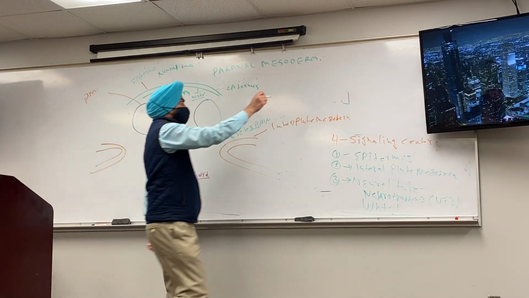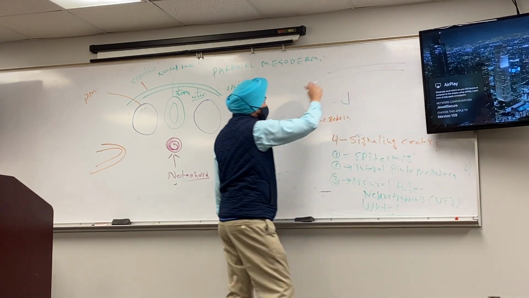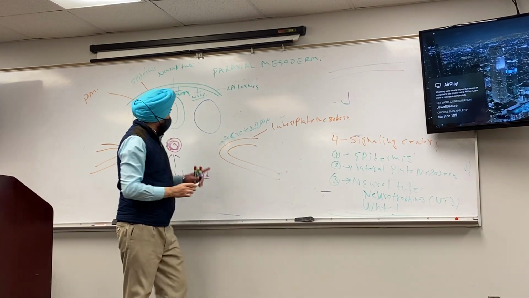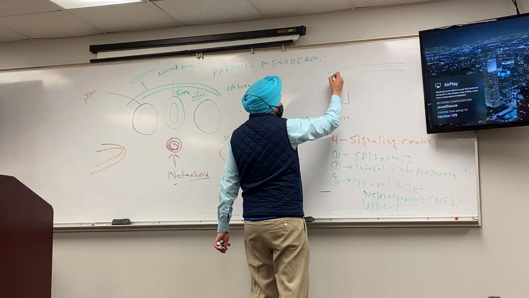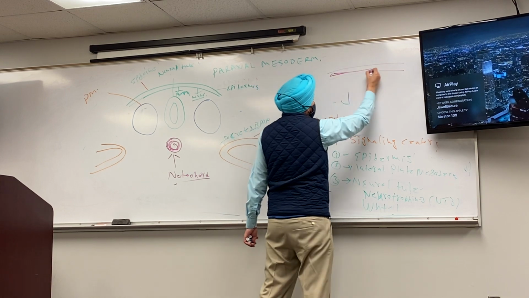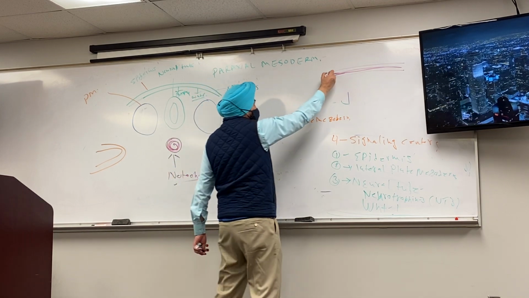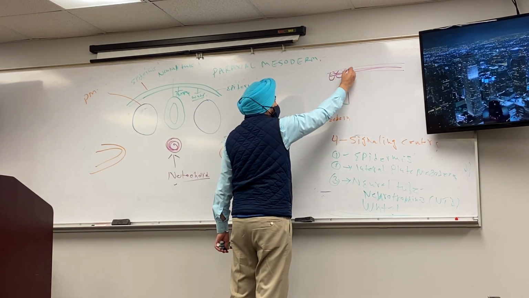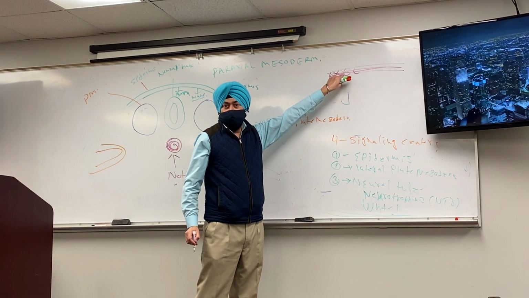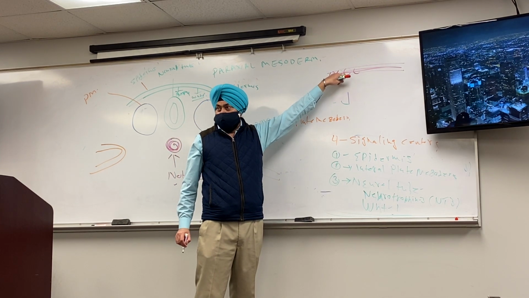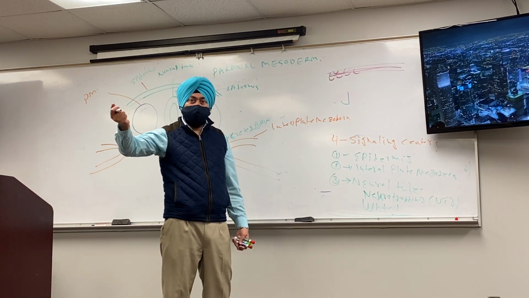Remember, this is your paraxial mesoderm, right? So the notochord is right here under the neural tube, which is your spinal cord, right? And we said this paraxial mesoderm is going to give you the vertebrae. And notochord is also just beneath the spinal cord, right? So what happens? Notochord disintegrates.